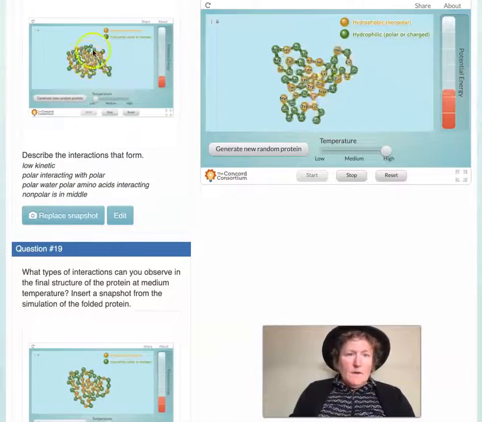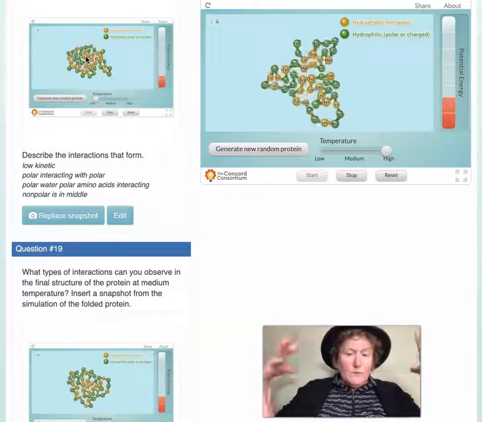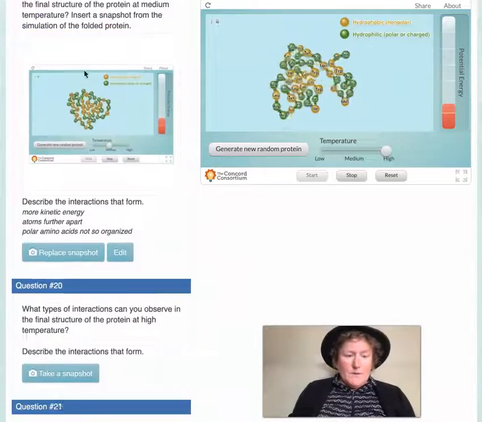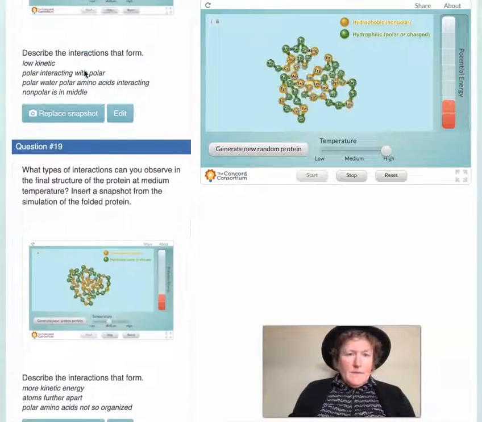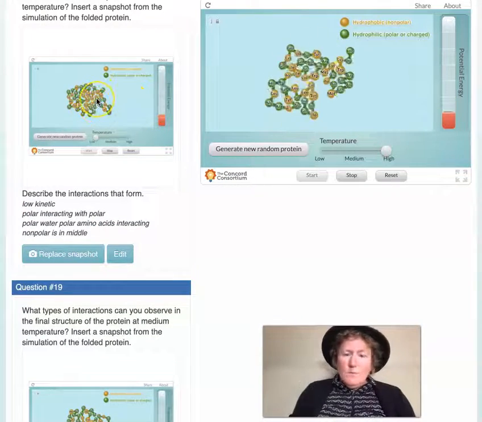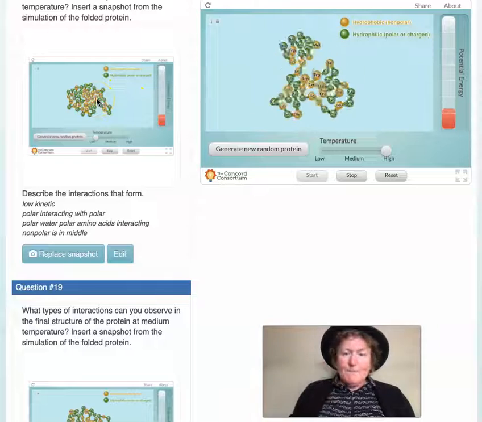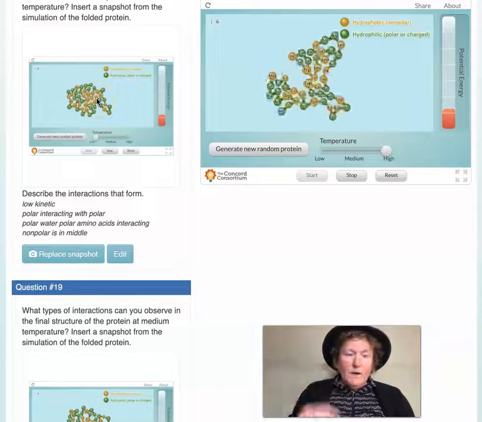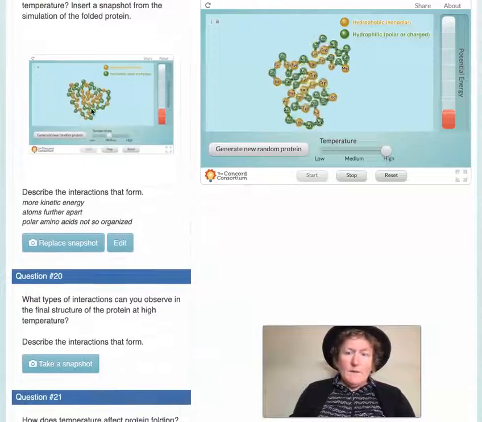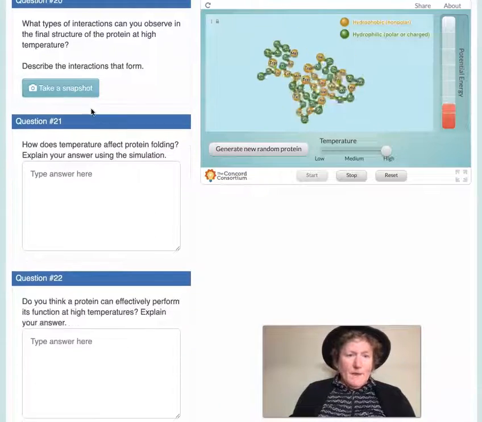It's definitely a little bigger, and there are looser connections than there were at low temperatures. And this has a constantly changing shape, where this shape was pretty definite and pretty constant at a lower temperature, much more constant than it is now at this high temperature.